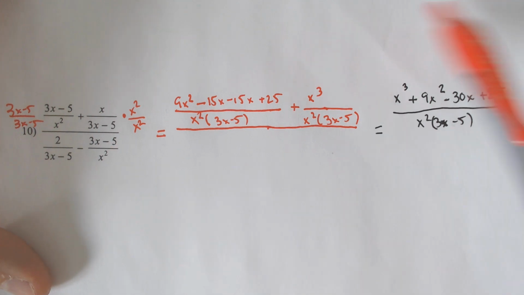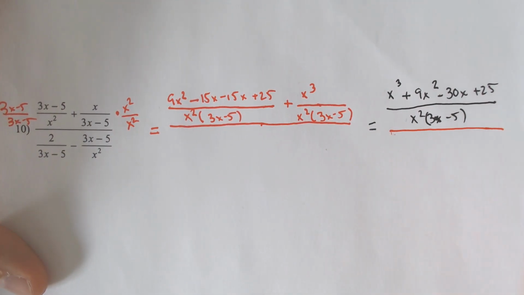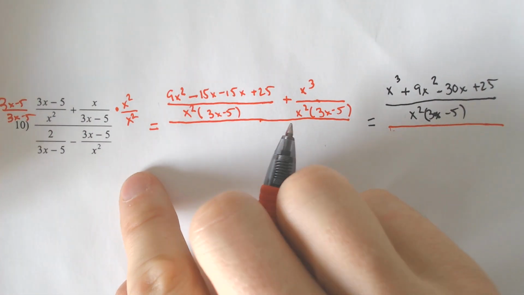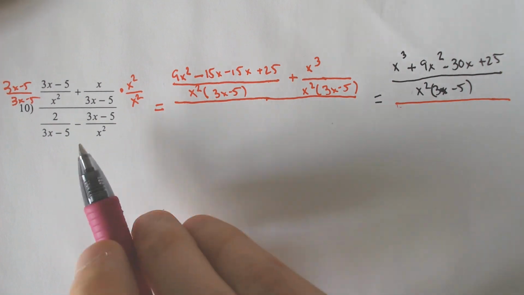So from here, the top of the fraction is done. Now I'm going to subtract the bottom of the fraction. So this is just 3 problems put into 1. It's not any harder.